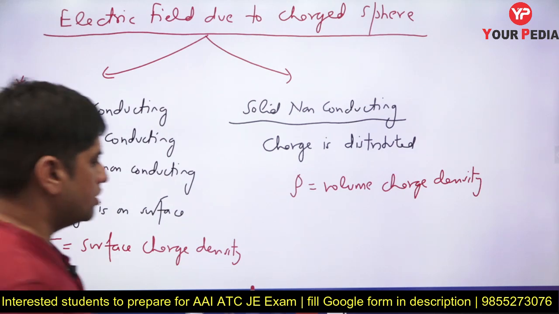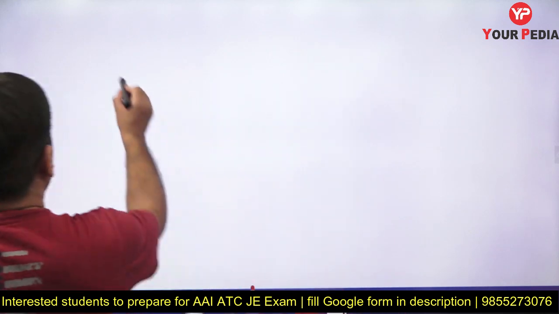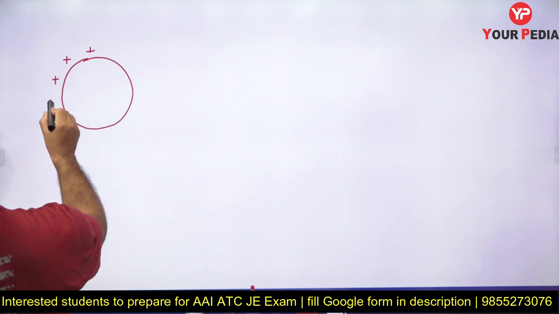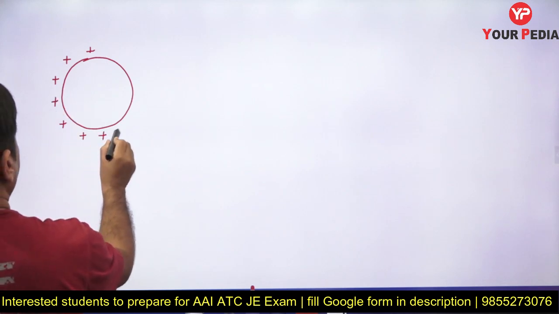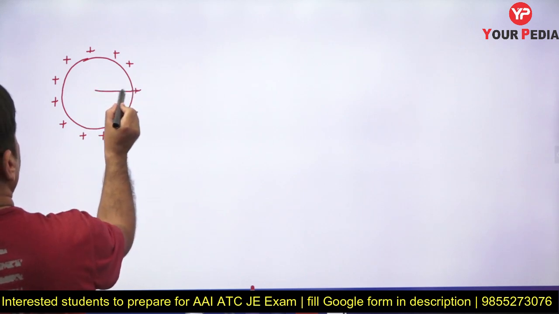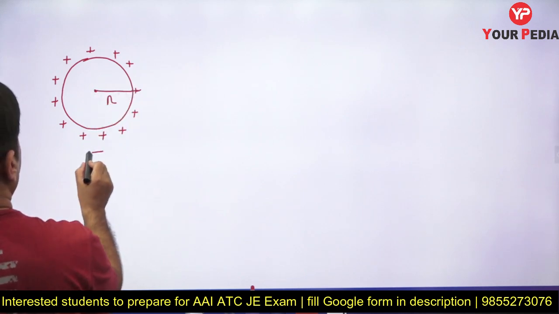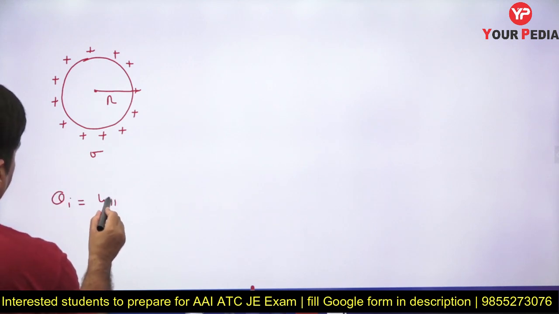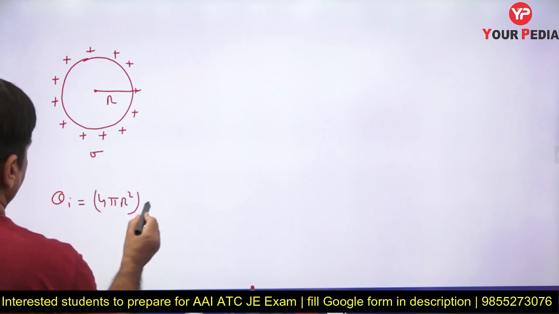Okay, so let me give you the first case. I have a spherical shaped body in which the entire charge is on the surface, the conducting part, and the radius of this is R and sigma is the surface charge density. So what is the total charge now? Total charge is 4 pi R square into sigma.